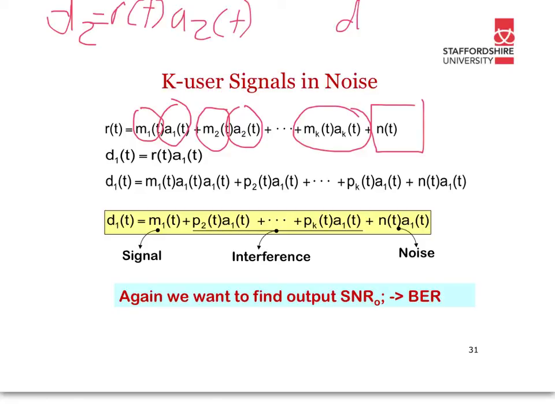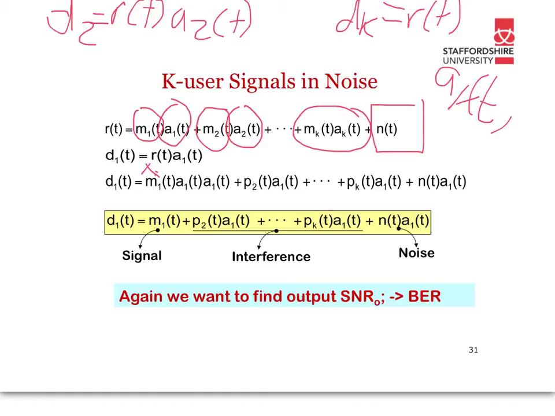And DK would be R times code K. But for our user 1, the received signal D1 is approximately M1 times A1 times the other A1.